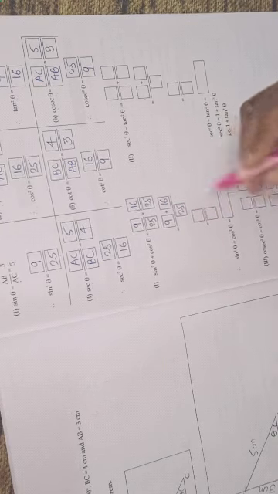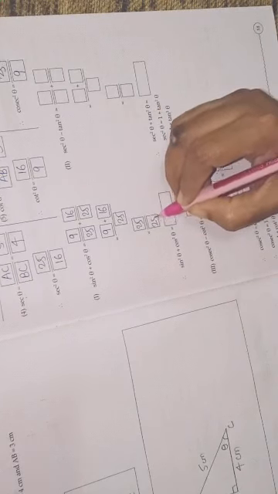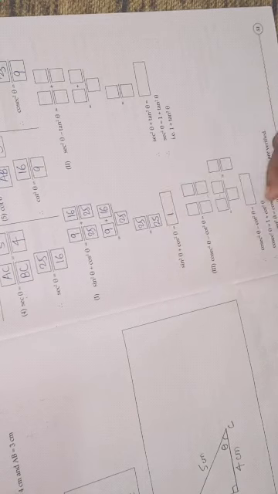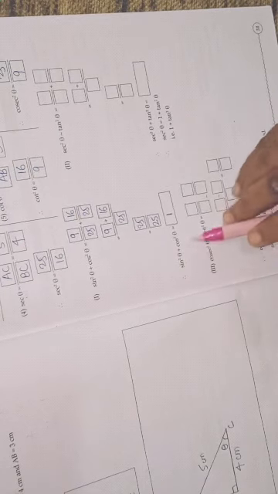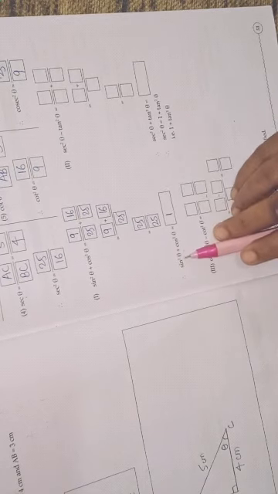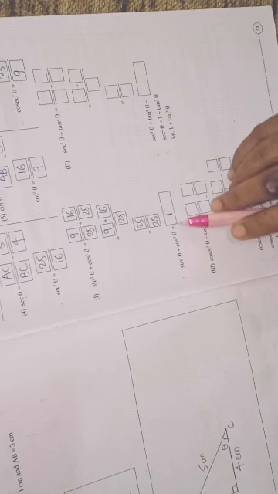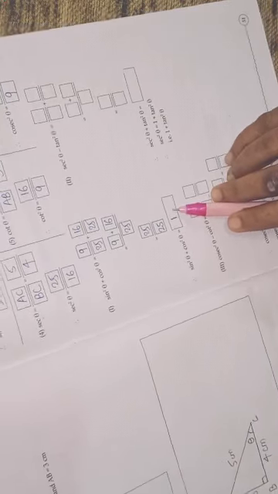So 9 plus 16 equal to 25. So 25 upon 25 is equal to 1. So this way we verified the first identity. Sin square theta plus cos square theta equal to 1.